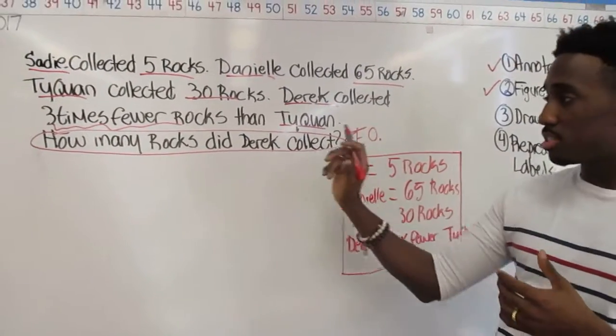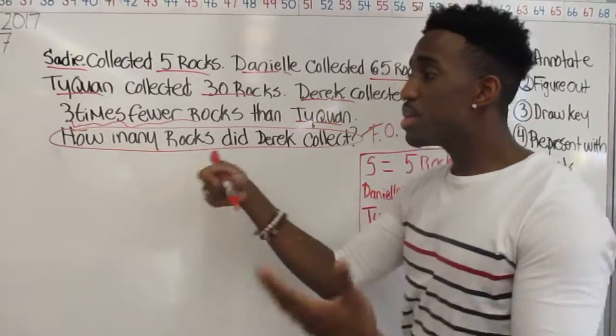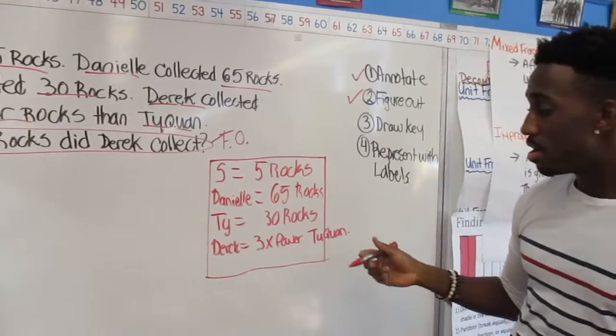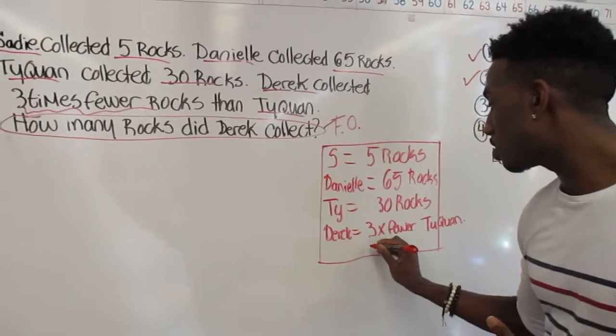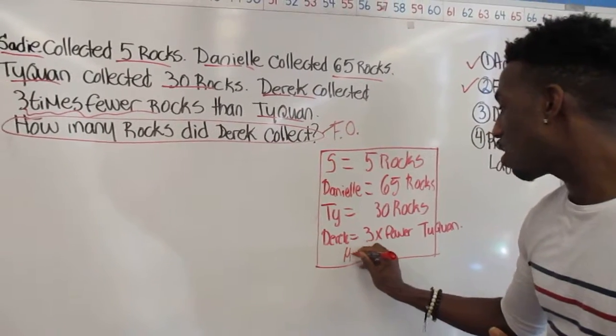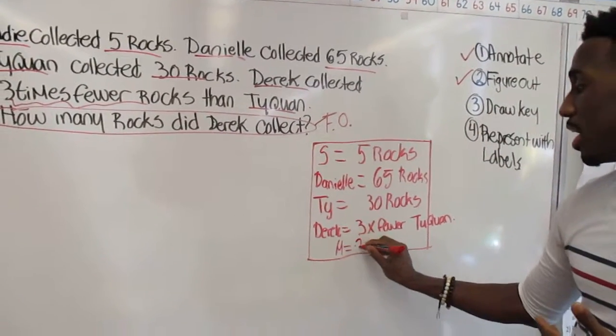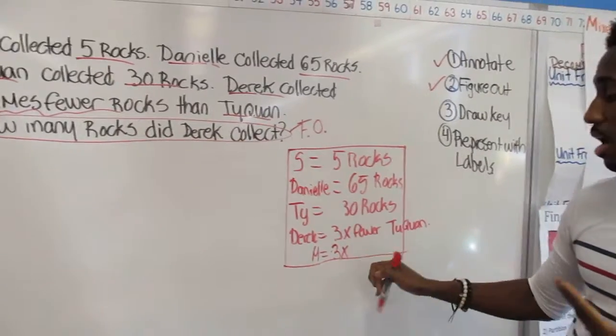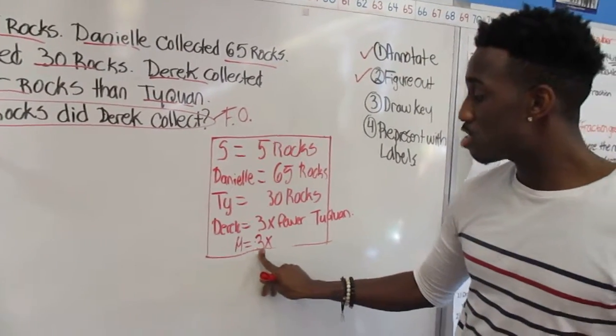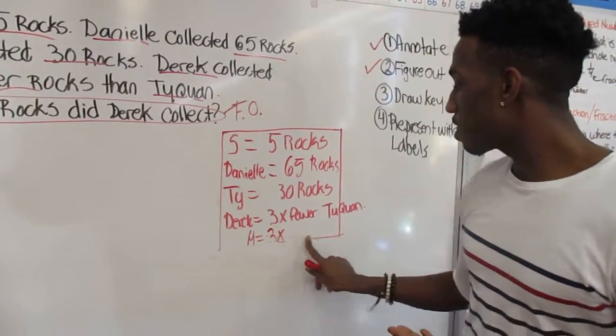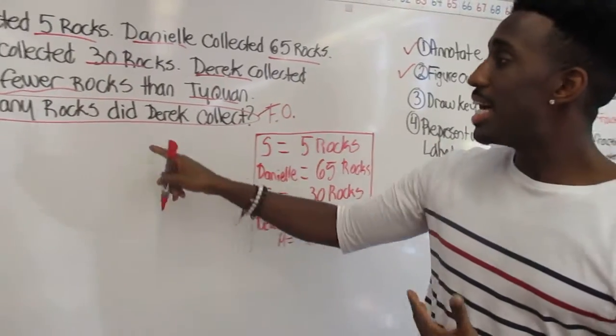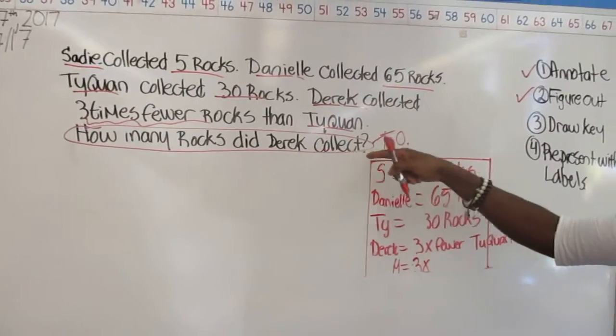I also know that this times fewer is also going to be a multiplier. So I can just write also that my multiplier M is equal to 3 times. Most of your scholars should know what the multiplier is, and they should be able to help you out more with that. And lastly, I'm trying to figure out how many rocks did Derek collect.